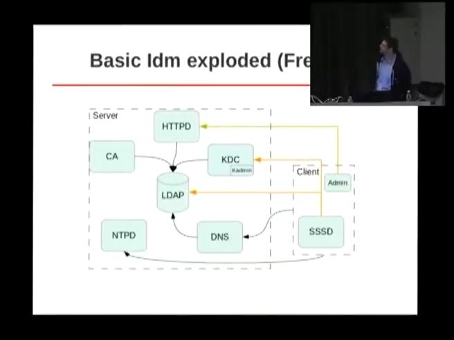Finally, we integrate NTP and DNS to provide services to the network. As part of the project, we also built a client called SSSD, and that's the final component that completes the picture. We try to use existing components as much as possible to reduce the number of things we had to do. We try to use standards as much as possible.